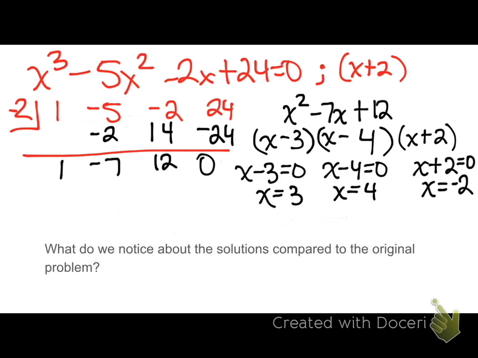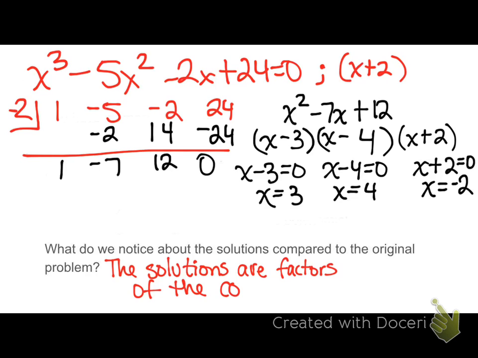So what we wanted to notice here, this was the goal, and I understand it would have been hard to pick it out on your own from nothing, but these solutions are factors of the constant.